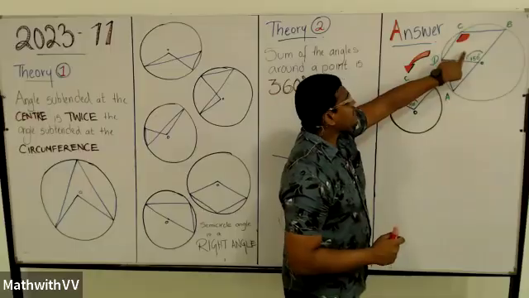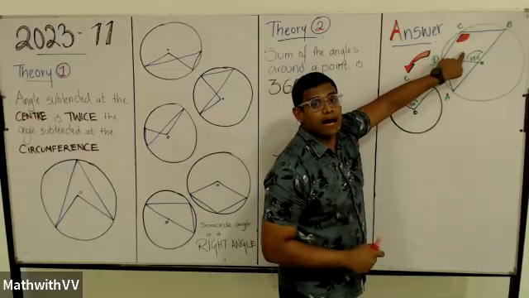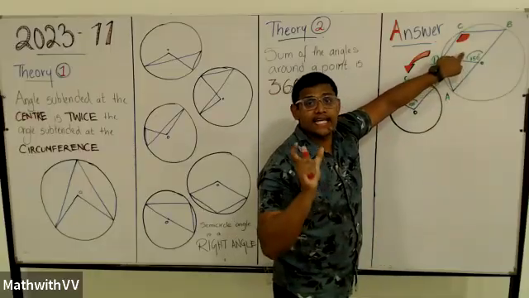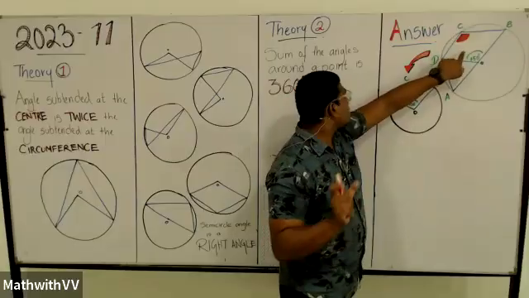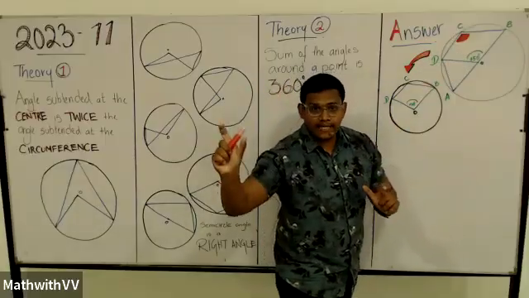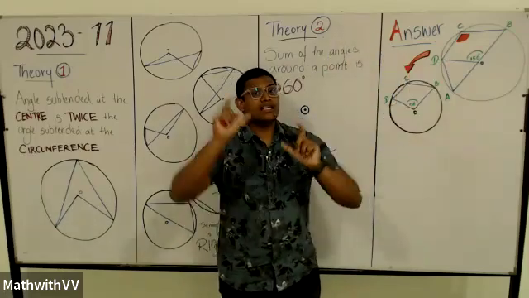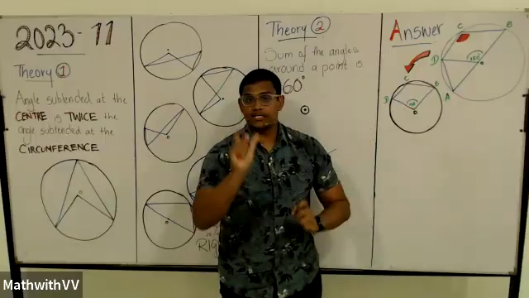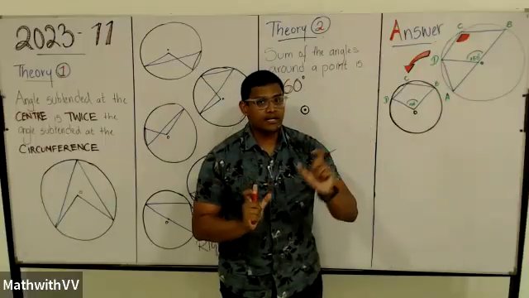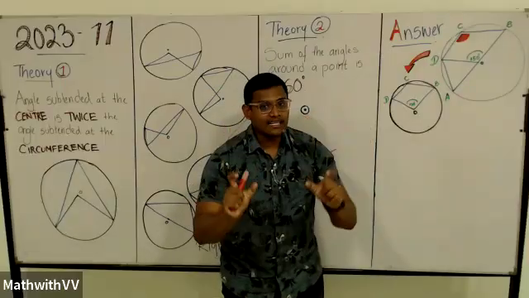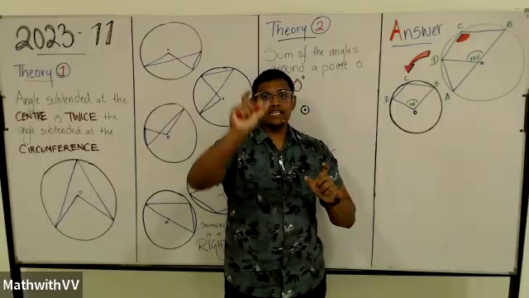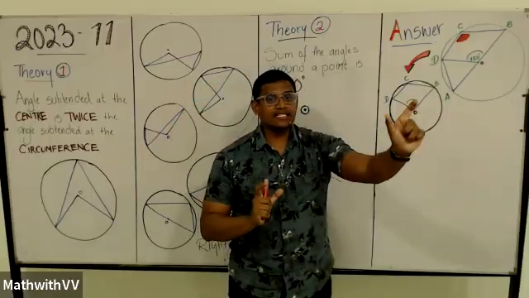The angle given to me is an angle subtended at the center. So I have an angle at the center, and I need to find the angle at the circumference. Center, circumference. There's only one theory that connects the center and the circumference.